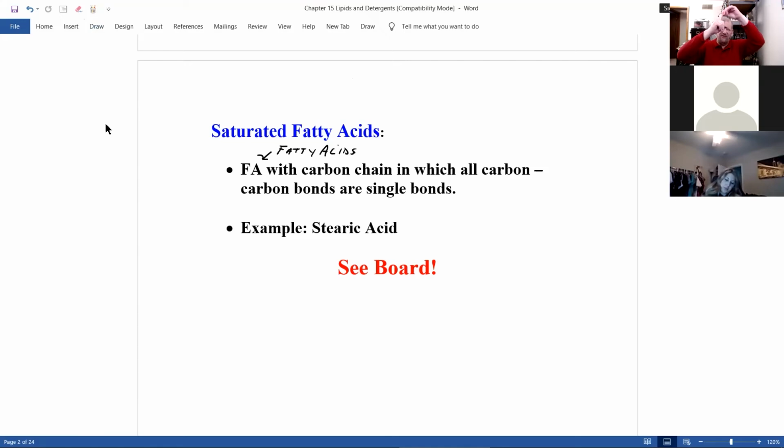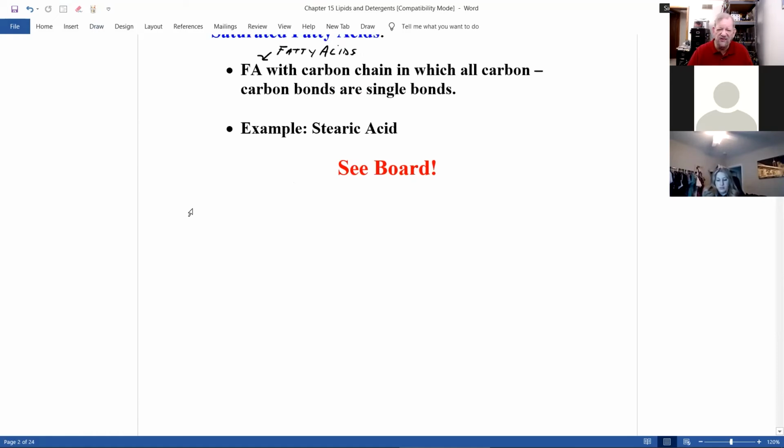What is a saturated fatty acid? It's a fatty acid in which all the carbon chains, the R group, have carbon-carbon single bonds.